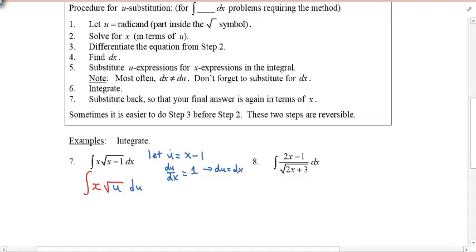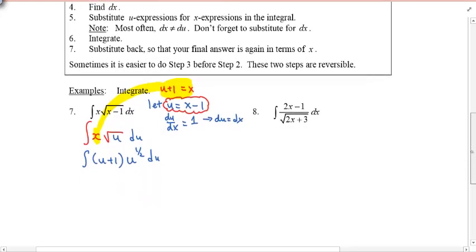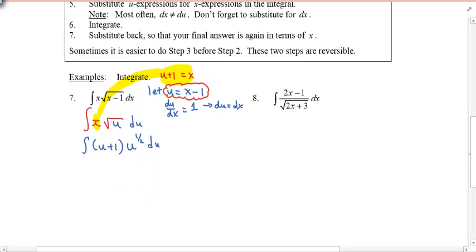But lo and behold, if I take this expression u equals x minus 1 and actually solve for x, you will see that I can take this piece of information and substitute it in here as well. So therefore, you get the following. The integral of u plus 1, and I'm going to rewrite the root u as u to the power of 1/2, du. Notice now everything is in terms of u.